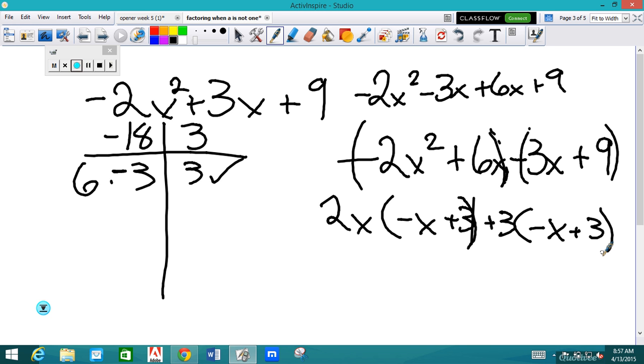If you do it right, 95% of the time, this first thing you factor out will have an x in it. Okay, so now we rewrite it again with grouping the factors. So I'm going to group the 2x and the plus 3 together. And then I'm going to group what's already grouped is the negative x plus 3.